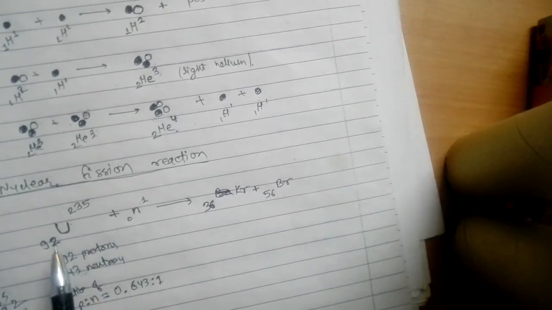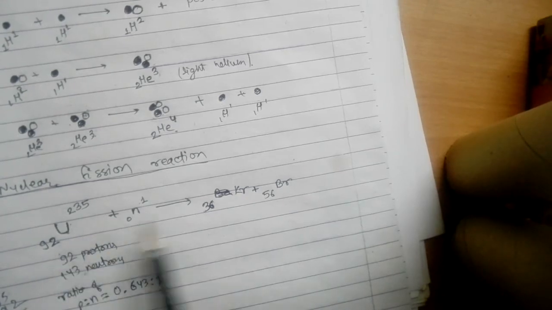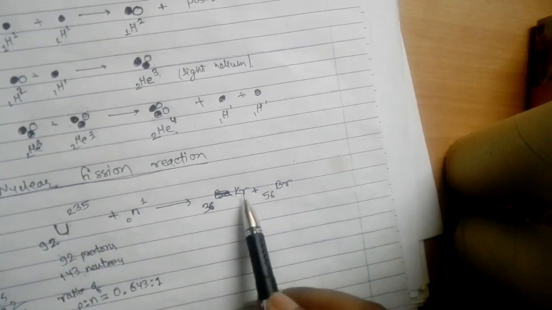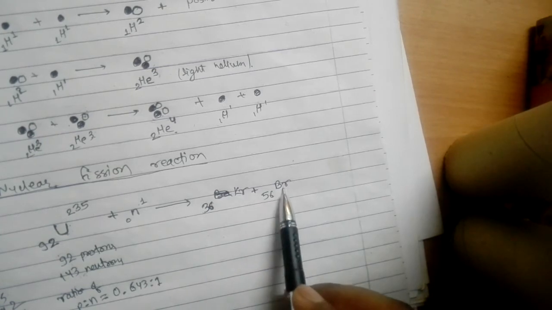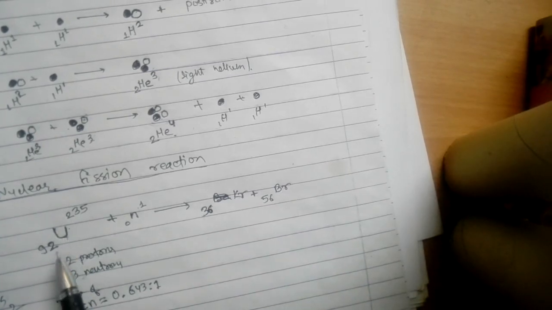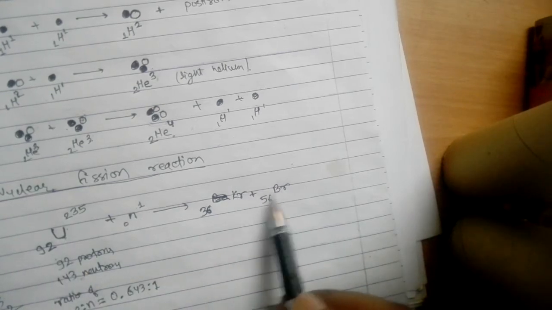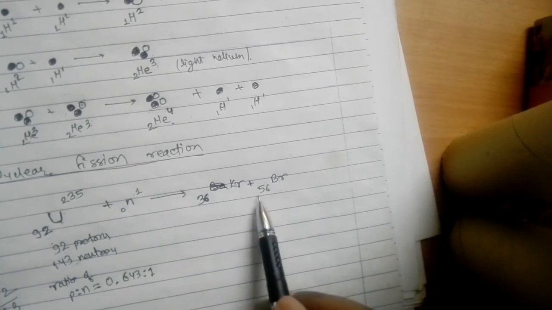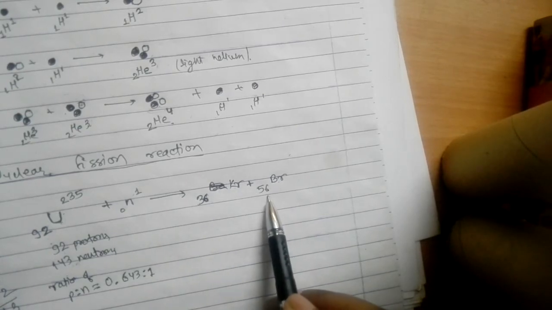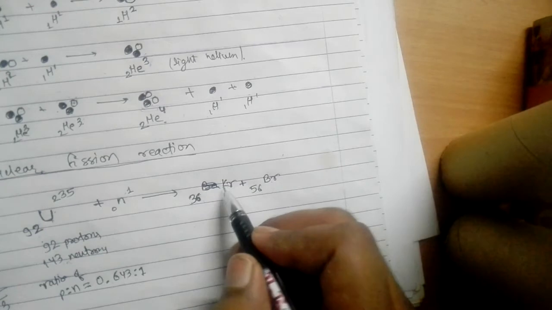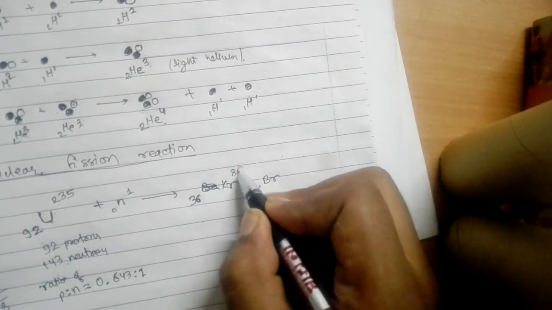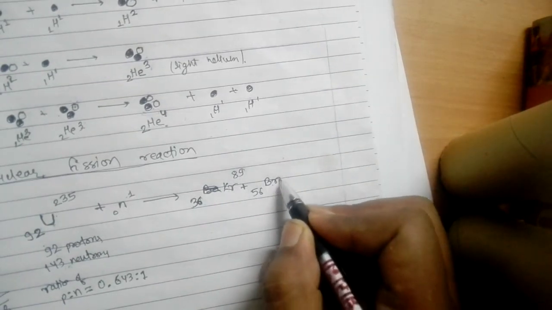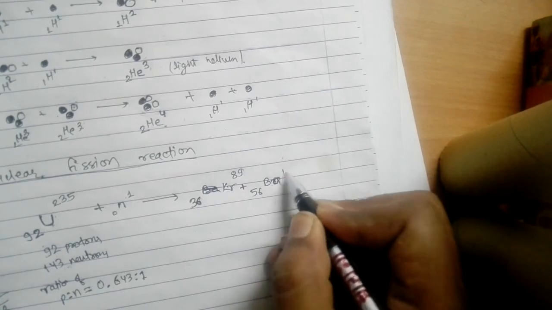So the nucleus of a single atom of uranium breaks down to form two atoms, krypton and barium. See, this is a heavy nucleus which has 92 protons, but these two are lighter nuclei, one having 36 protons and another having 56 protons. Now the atomic weight of krypton is 89 and the atomic weight of barium is 104.